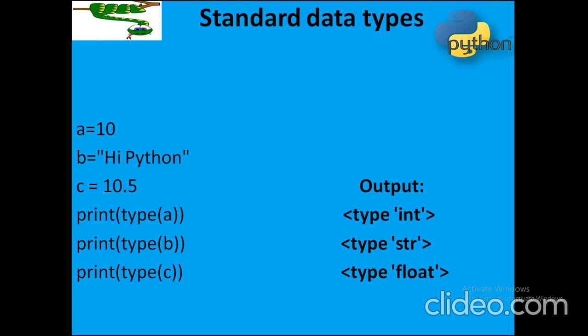From this we can identify which data type is being used, or which class a data type belongs to. For the first variable a, by using the type function we can identify it as type int class, whereas b is a type of string class, whereas c is a type of float class.